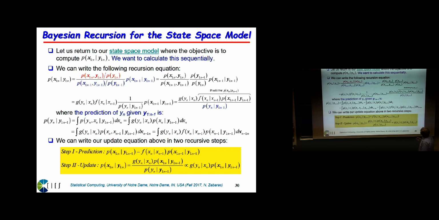So we want to calculate this posterior of x1 to n given y1 to n. I am going to try to do the fundamental derivations without using any language of conditional independence and the like. Please pay attention to what I'm going to do, because the derivations are very simple.